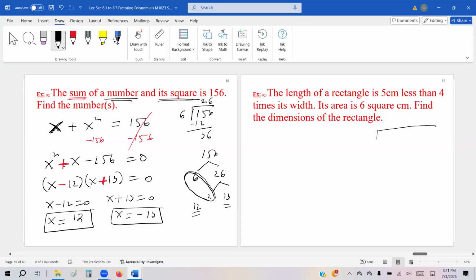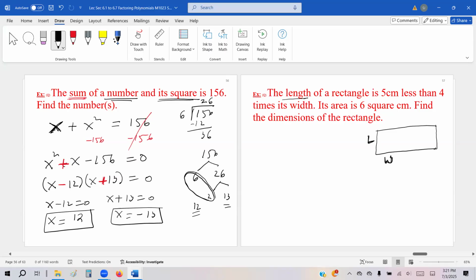Let's draw that rectangular room. Suppose this is length and this is width.